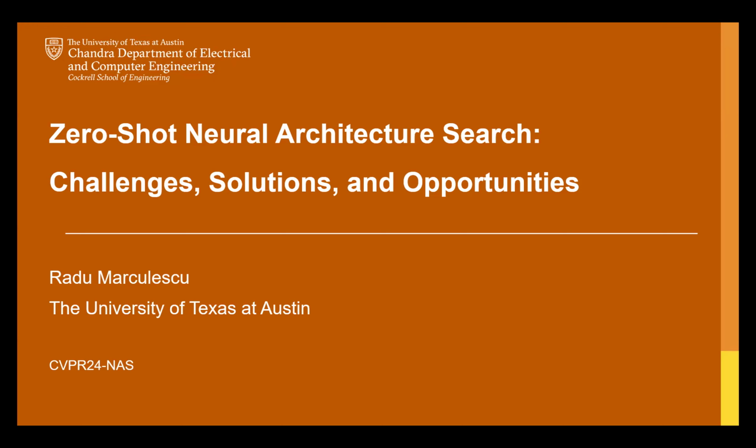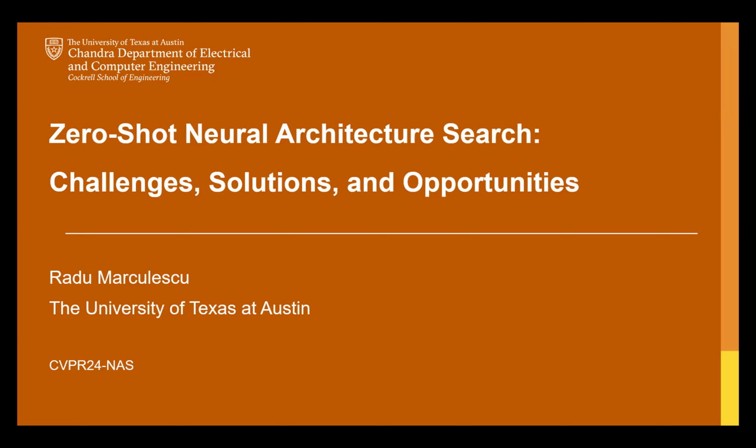Why was NAS such an interesting topic to both industry and academia? Because it promised to move from this kind of manual or ad hoc design, like was shown in that GoogleNet example, to systematic solutions that can lead to optimal designs that can be used for different applications. Now, zero-shot NAS in particular promises to get rid of the training altogether, and therefore to improve significantly the time for finding these solutions.